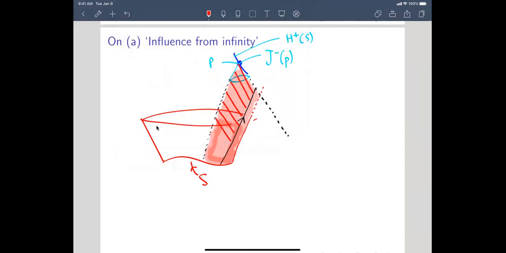So in other words, the causal structure associated with the interior of black holes, Kerr or Reissner-Nordström, is what you're seeing here. Those causal structures are exactly of the form where the set J minus P intersect J plus of S is non-compact.